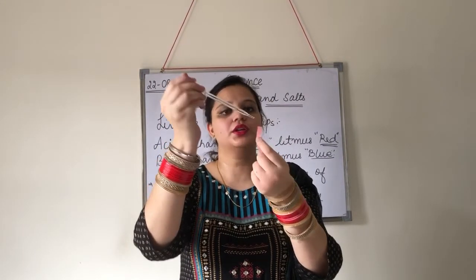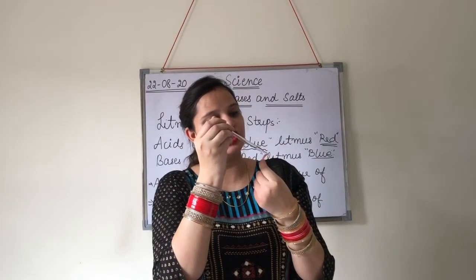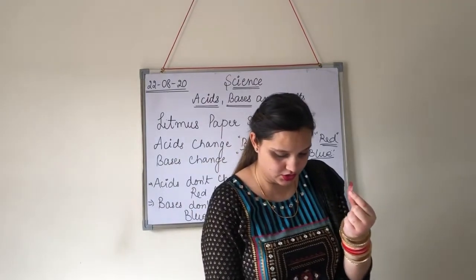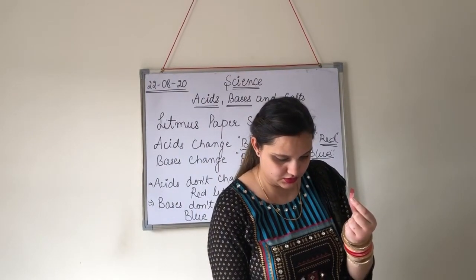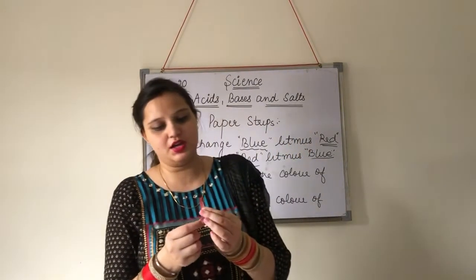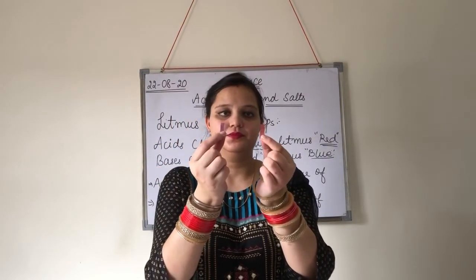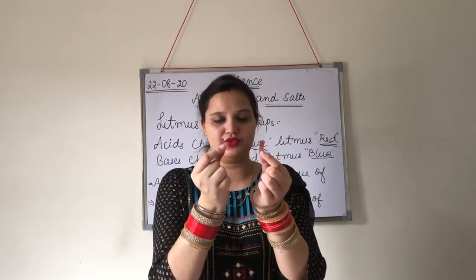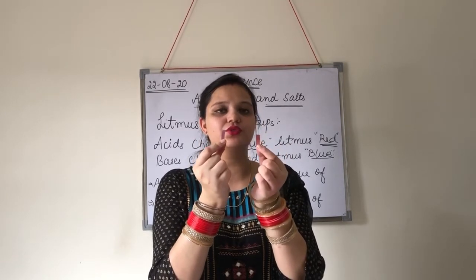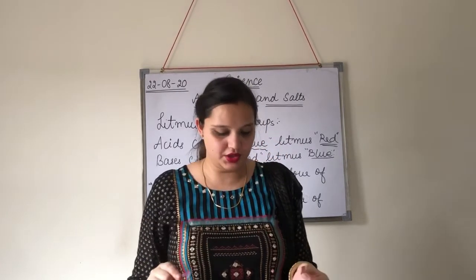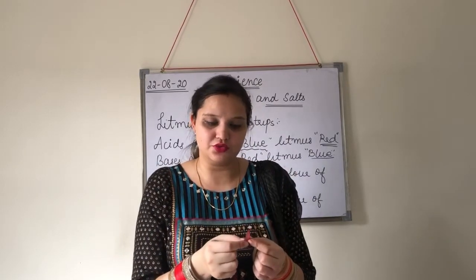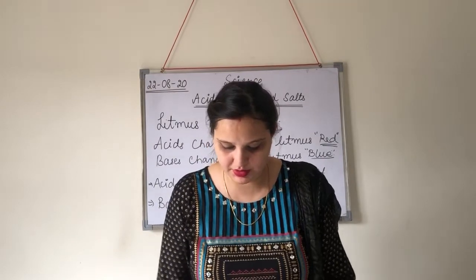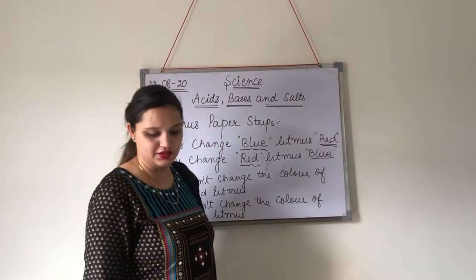Again you can see the color is unchanged. So that means this is not going to give any color change for the red one or for the blue one. So the substance is neutral in nature, because it does not give any color change. So this is how we check whether a given substance is acidic or basic in nature.